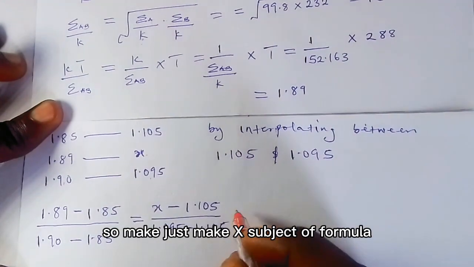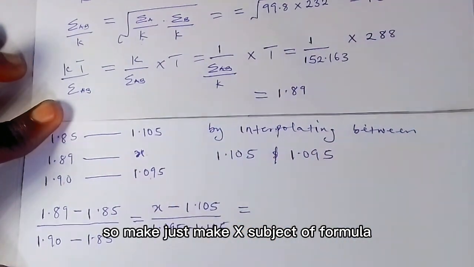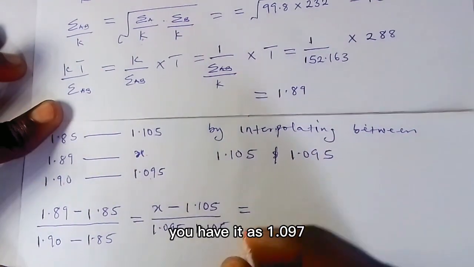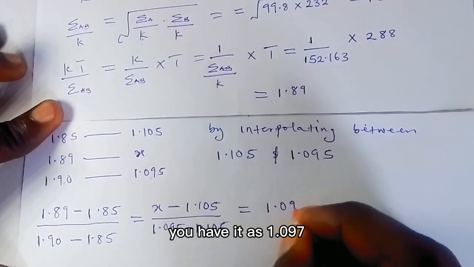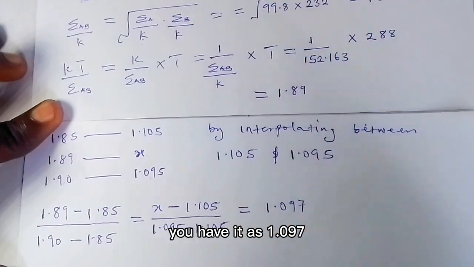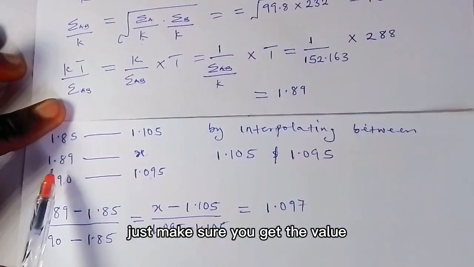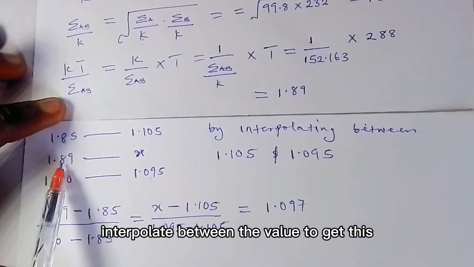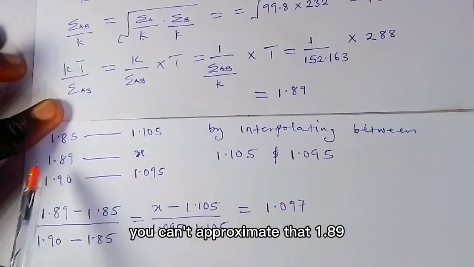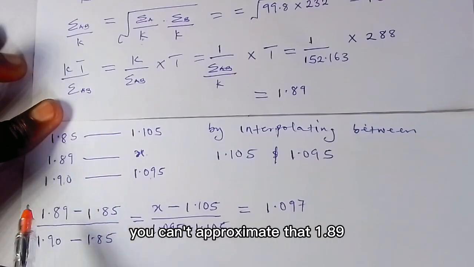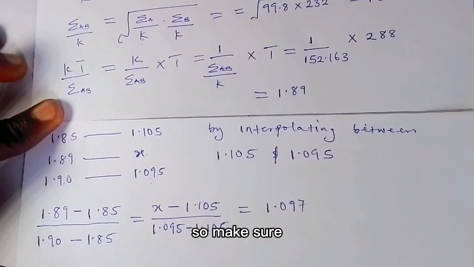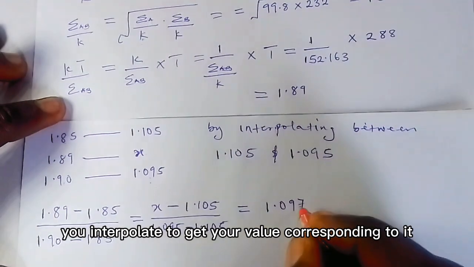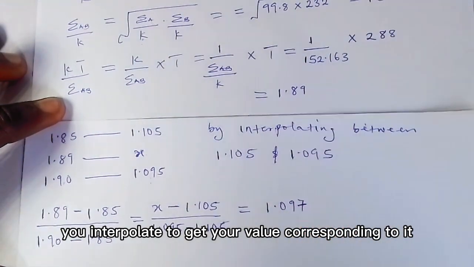So just make x the subject of the formula. You have it as 1.097. Just make sure you interpolate between the values to get this. You can't approximate 1.89 to 1.9 to get this value. It's very wrong. So make sure you interpolate to get your value corresponding to it.